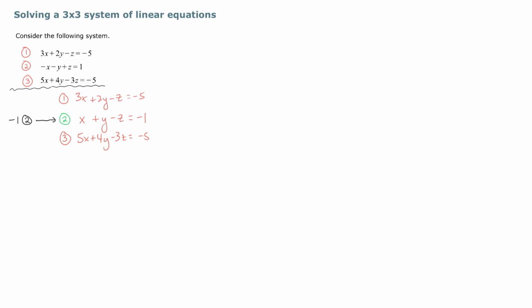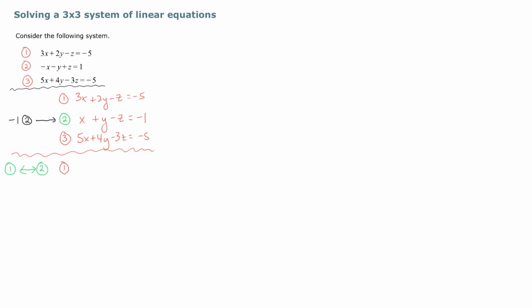Now I'm going to switch equations 2 and 1. And you might think this is a lot of writing, but for now this is okay. I'm going to switch equations 2 and 1 and relabel them. So I'm going to indicate that with this double-sided arrow.